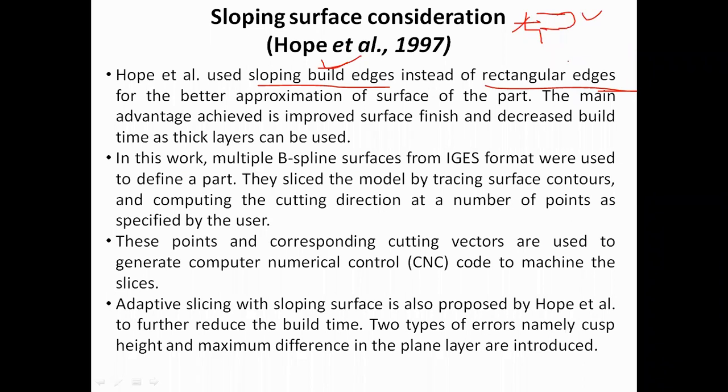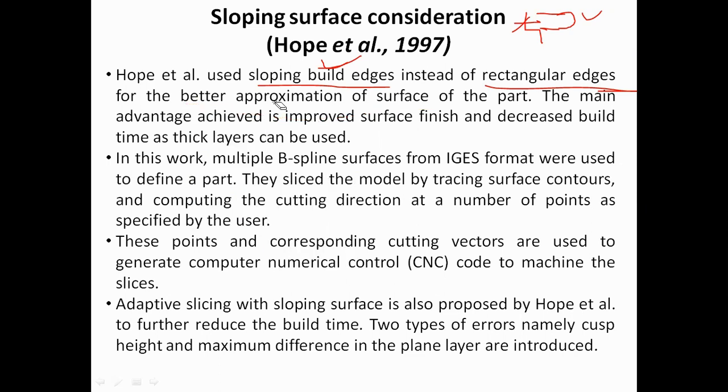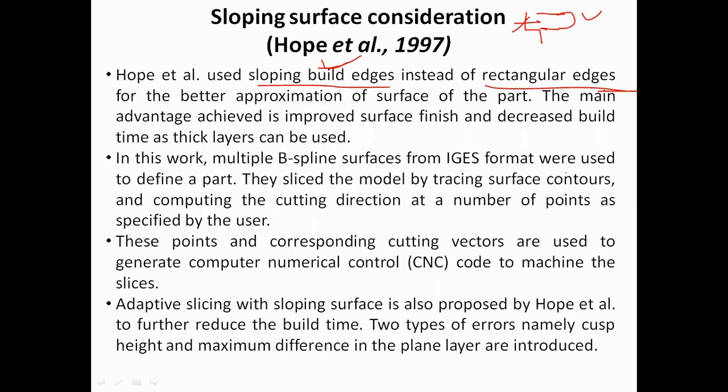And the idea he proposed was that, first of all, it gave a better approximation. And secondly, the surface finish was vastly different when it is approximated as a rectangular edge and when it is approximated as a sloping edge.